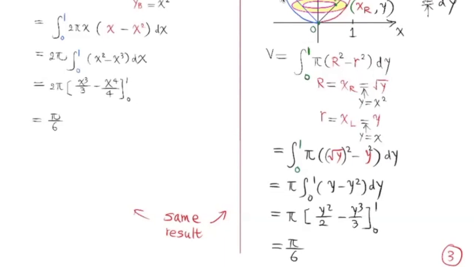The antiderivative of y squared is y cubed over 3. Substituting y to be 1 and 0 over here, the result turned out to be, again, pi over 6. So we get the same result. But it looks like in this problem, the shell method probably is a little bit easier than the washer method.